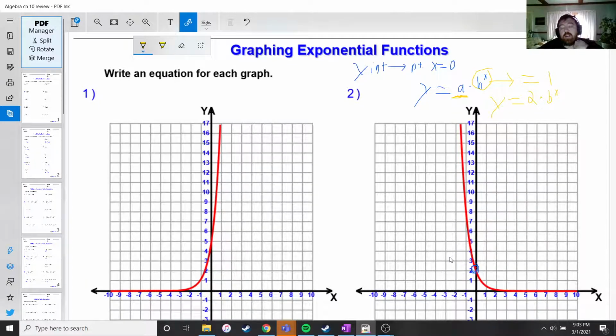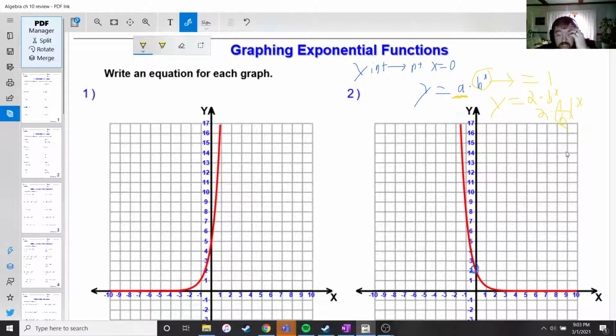We know that if it is going downwards like this, it's going to be a decaying line, right? So what I would do is, we're looking at 2 times 1 over b to the x power. I would look for another point that we can get.